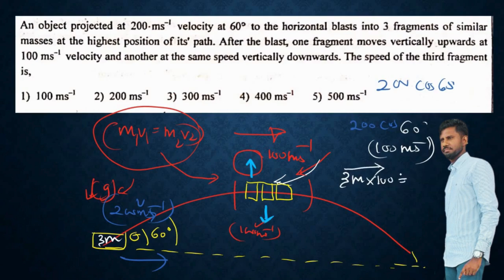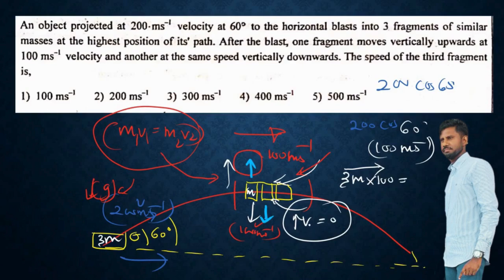So then what actually happens is one m goes up and the other goes down. At the highest point, vertical velocity is 0. So we can come to the conclusion that there's no vertical linear momentum.